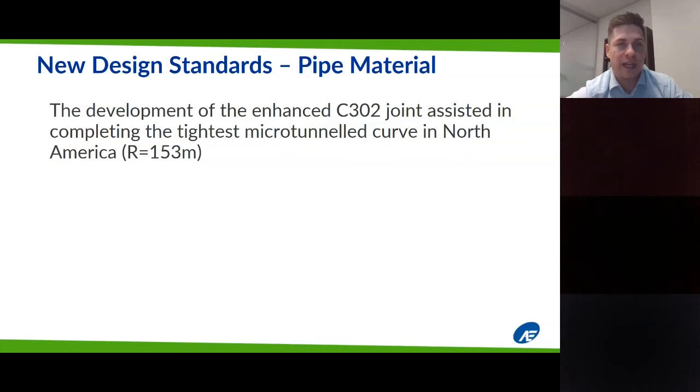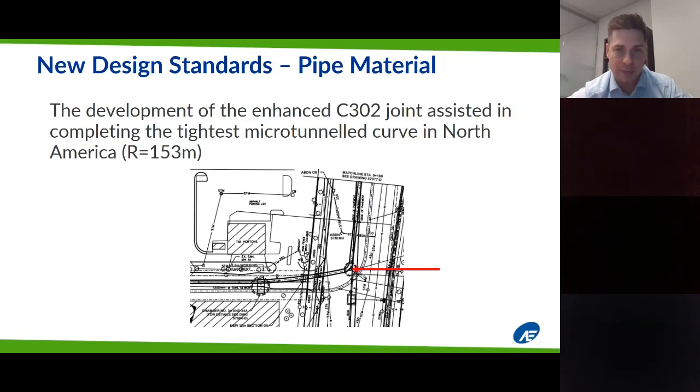The development of the enhanced C302 joint assisted in completing actually one of the tightest microtunneled curves in North America, with a radius of about 153 meters. And that was at the time, and I don't know if this has been overtaken yet. To give you an example of what a 153 meter radius looks like, on some of our as-built drawings, you can see right here just how tight that curve is.